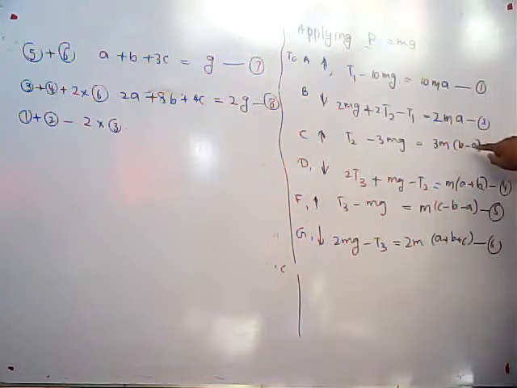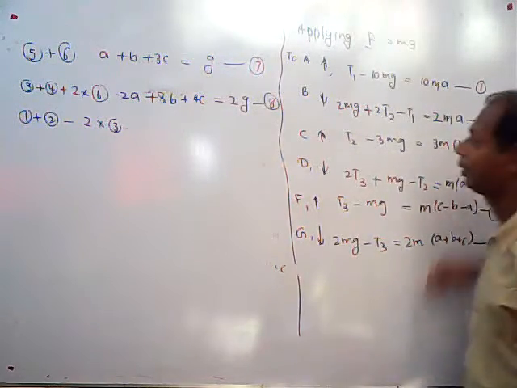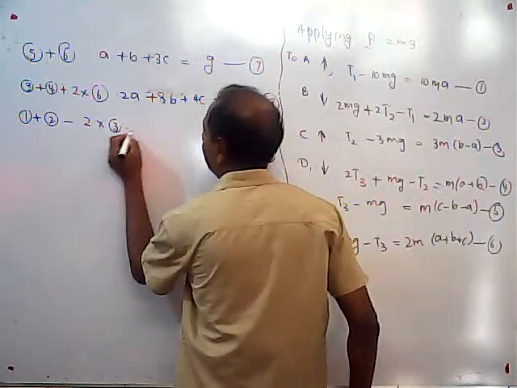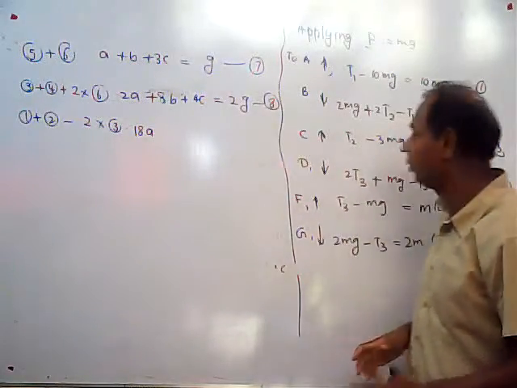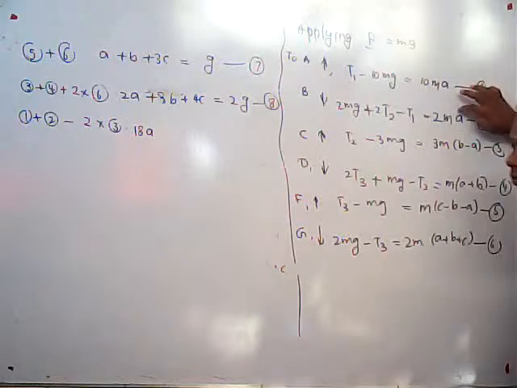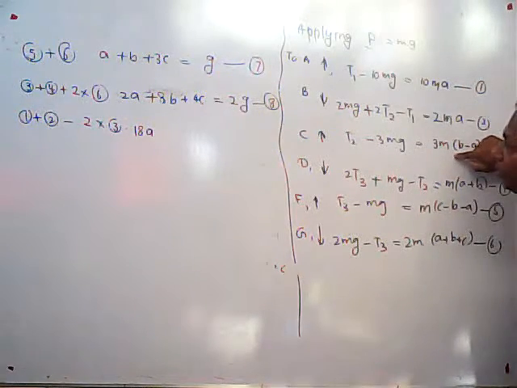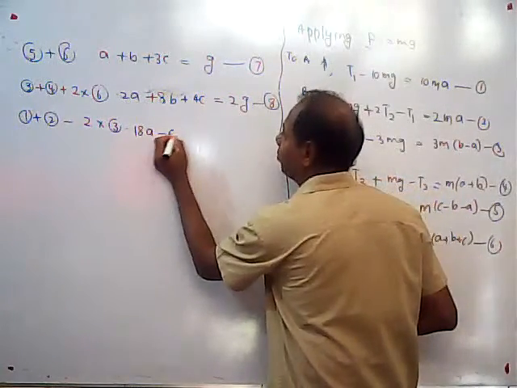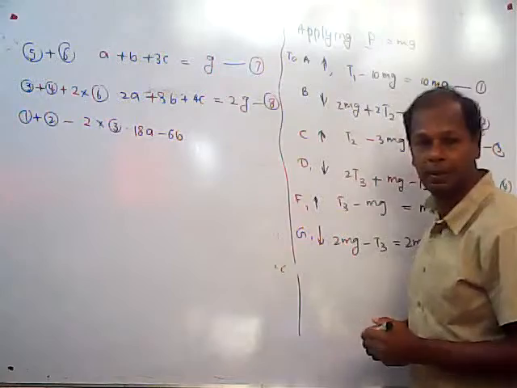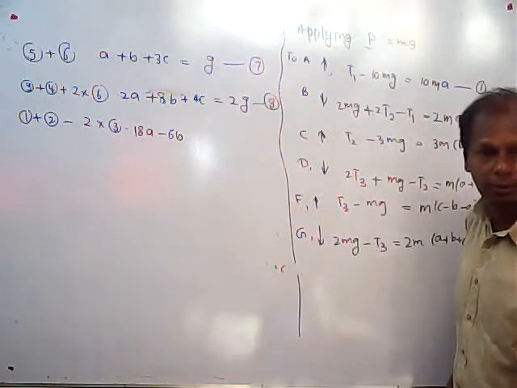So 12 plus 6 will be 18a. In b terms, this has no b, this has no b, this multiplied by 2 and subtracted will be minus 6b. Minus 6b, right?